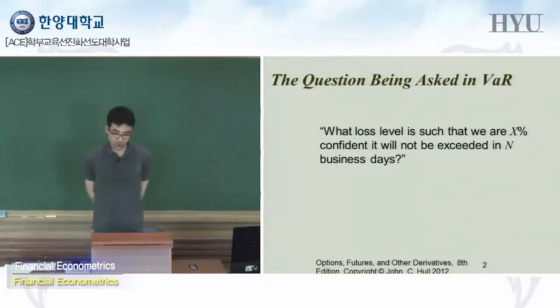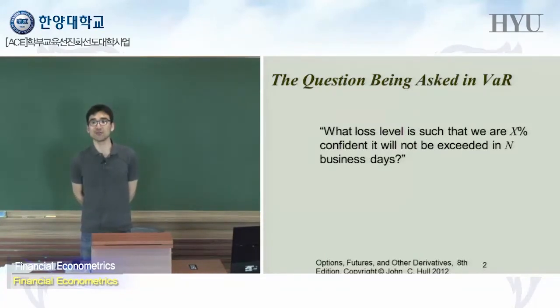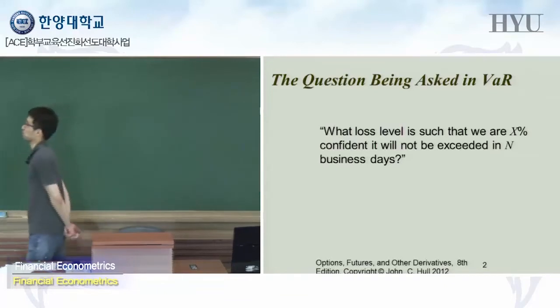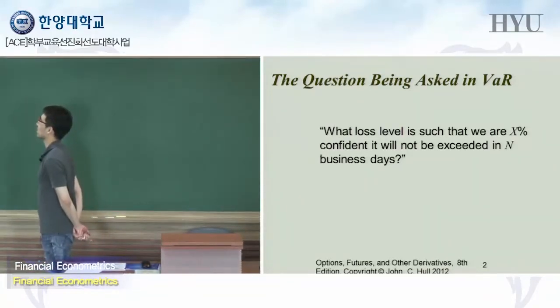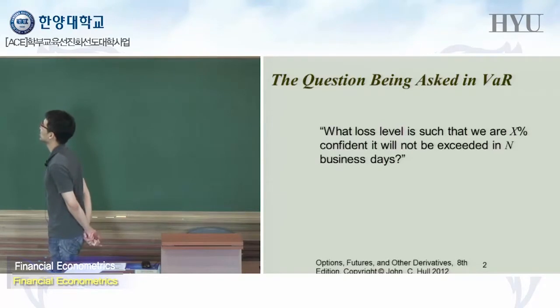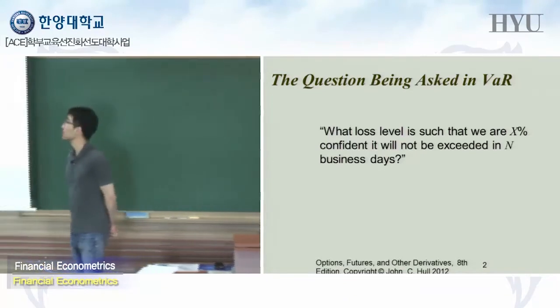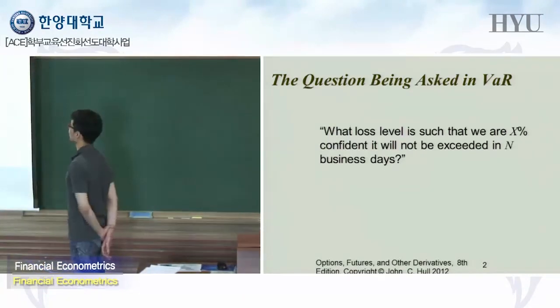So basically, value at risk is a concept to answer this important question: what loss level is such that we are X% confident that it will not exceed in n business days? Again, value at risk is the answer to this question.